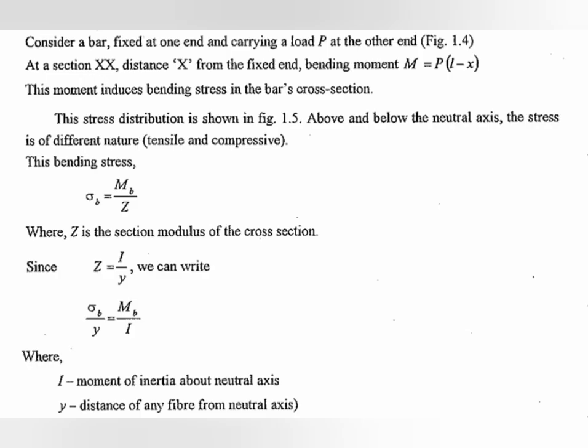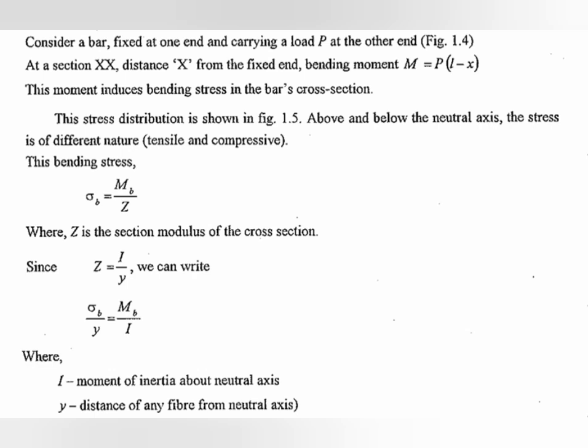So this is the explanation for finding bending stress in case of a bending load. Now we study the formula. We consider load P acting on the other end, with tension above and compression below the neutral axis passing through the center of the member.